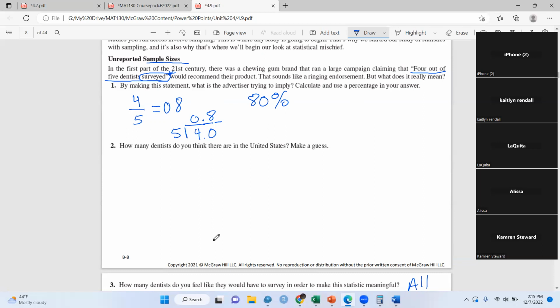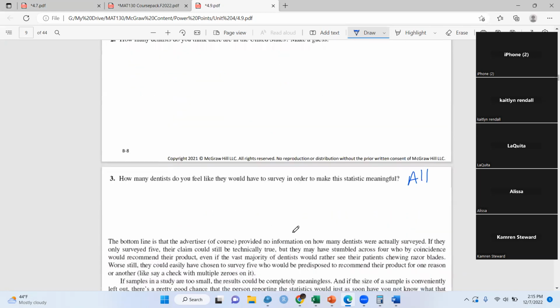My favorite one is the commercials where you're told to ask your doctor for a particular diet drug, and then it talks about what the sampling was of the people who took the diet drug to lose weight. And usually it's like the people in the sample ate a strict diet and exercised 5 times a day. And it's like not your typical person that took the diet drug and then lost weight.